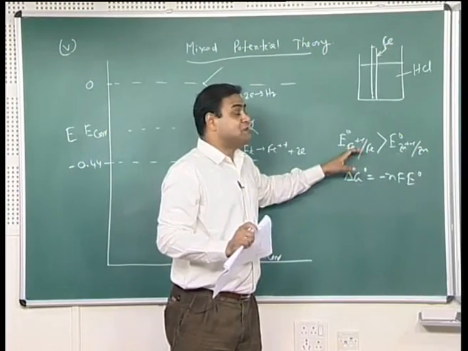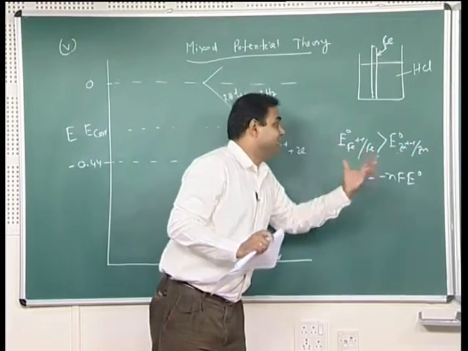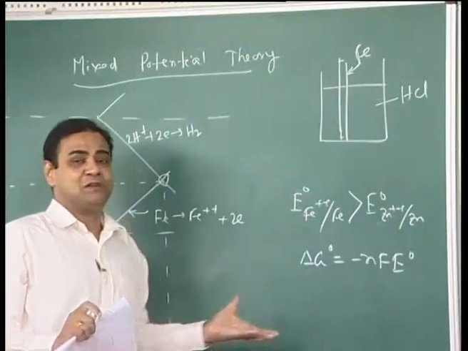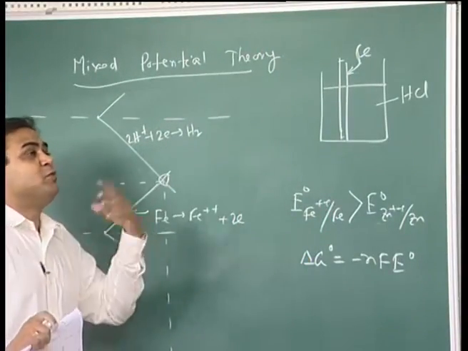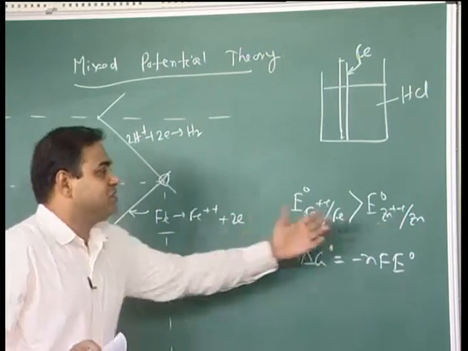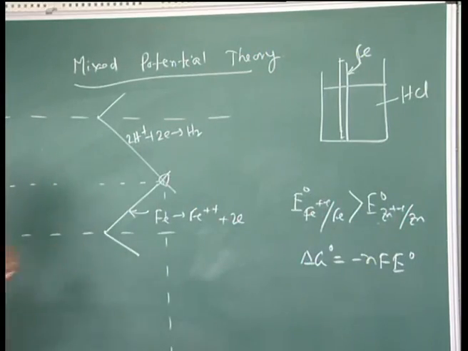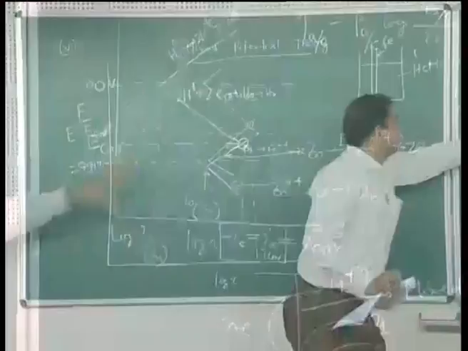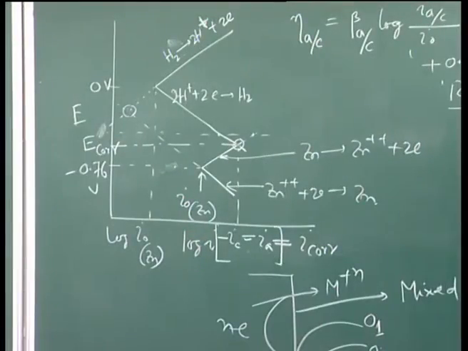But let me see which case would be more detrimental in HCl medium if you dip them separately, whether iron will corrode at a higher rate or zinc will corrode at a higher rate. Let us understand that part. Now, I am just superimposing this onto this, and let me put some values.